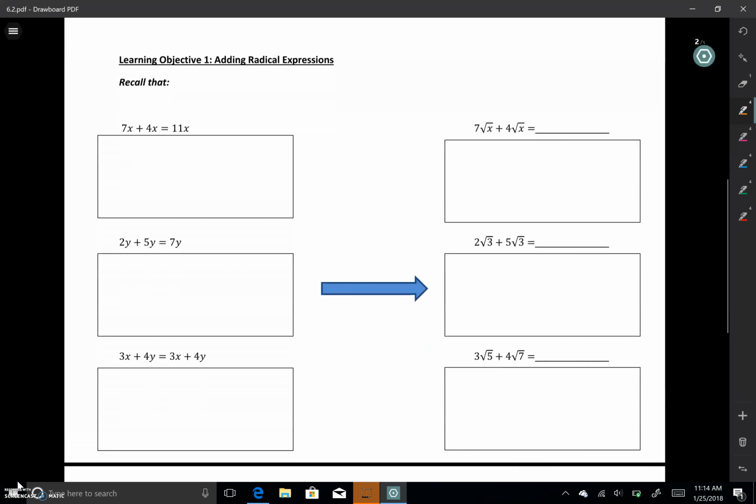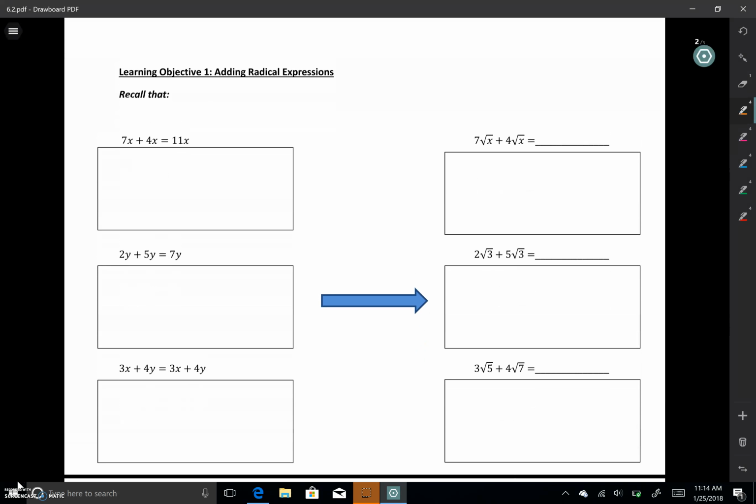So looking at learning objective 1, adding radical expressions, what I want you to recall is how we add terms with variables. So looking at this first example right here, I have 7x plus 4x equals 11x. When I give you something like 7x plus 4x, your first question should be, well, can I combine these two things?